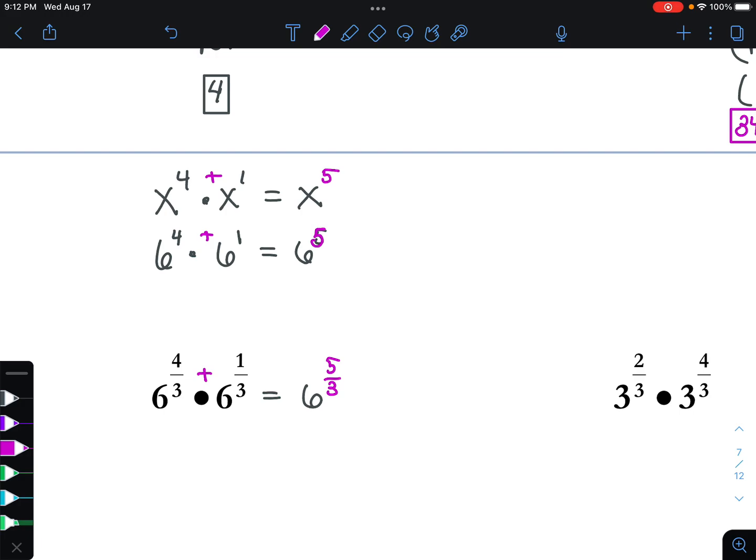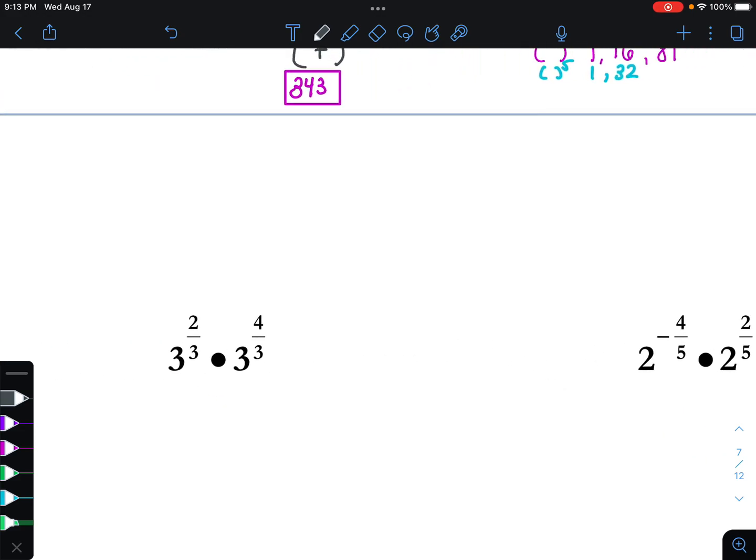So we have 6 to the 5/3 power. Now, we aren't able to simplify this at all. If we wanted to convert to radical, it'd be the cube root of 6 to the 5th. We don't need to simplify as far as this goes. I'm okay right now with us just practicing the properties of exponents with the rational exponents. So we're okay just stopping here.